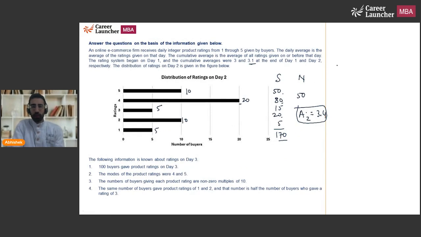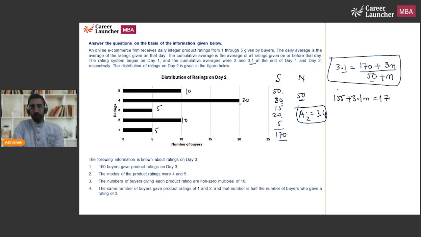The 3.1 rating is the total sum of all ratings on day 1 and day 2. Day 2 sum of all ratings is 170. Day 1 sum of all ratings is 3n, 3 into number of people who are giving ratings, upon the total number of respondents. That is 50 on day 2, yeah, and n on day 1. Just solve this. How difficult is this? Not difficult at all. 3.1 into 50 is 155, and 155 plus 3.1n equals 170 plus 3n.